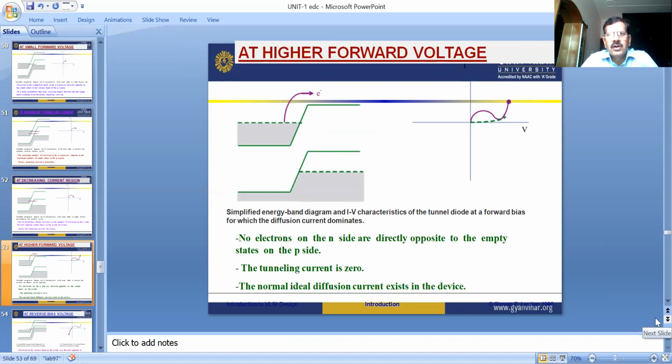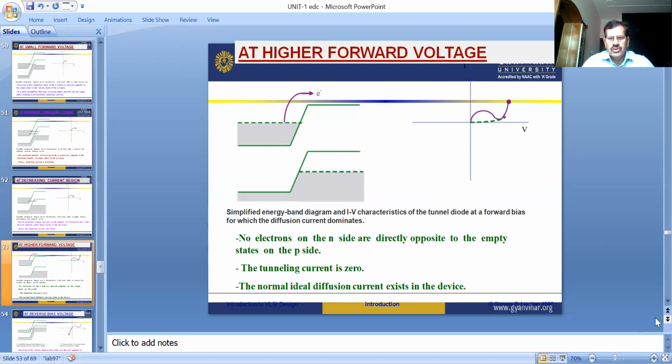At higher forward voltage, a simplified energy band diagram and VI characteristics of the tunnel diode at a forward bias for which the diffusion current dominates. No electrons on the N side are directly opposite to the empty states on the P side.